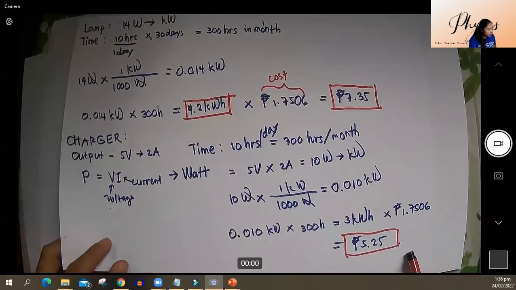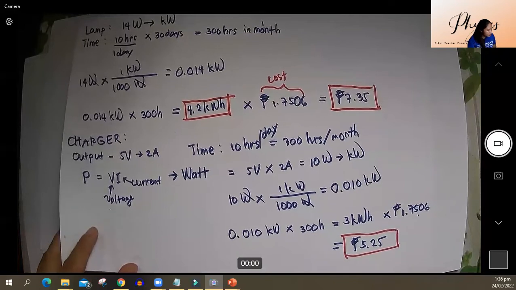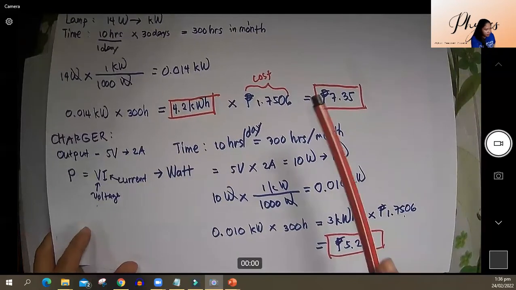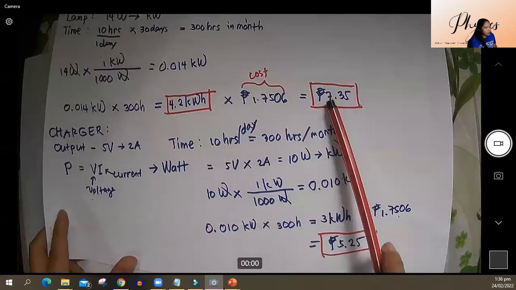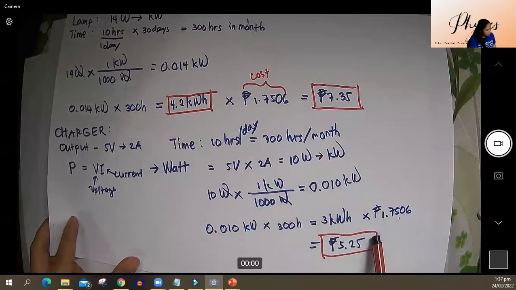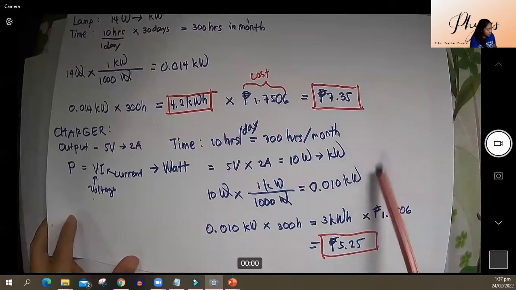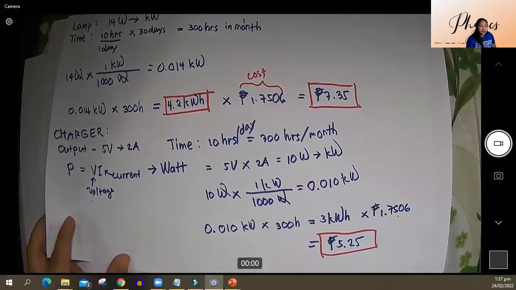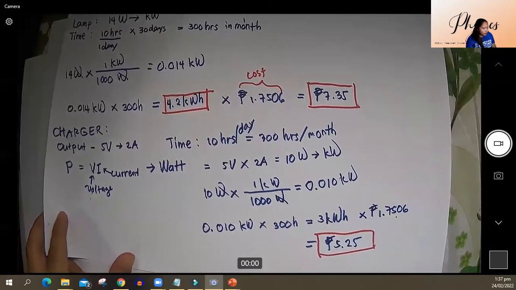So you can try solving using other devices you have at home. You can try solving them using the calculations I showed you. You can also check which among your appliances at home will cost you more.